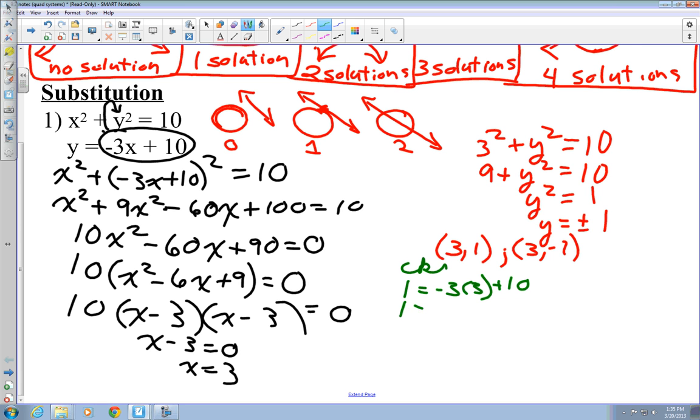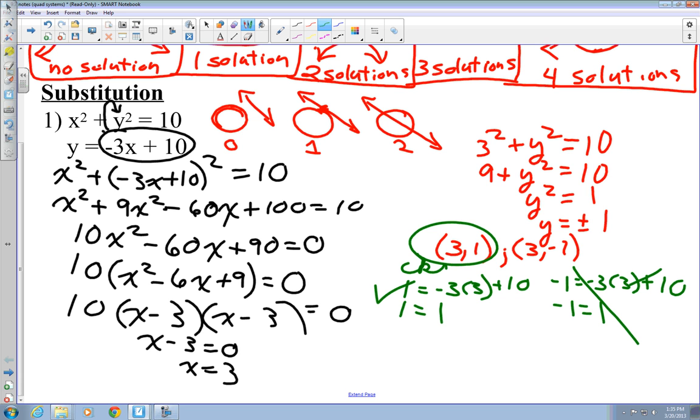So 1 equals negative 3 times 3 is negative 9 plus 10 is 1. That one checks. Okay, so let's look at the second one. Negative 1 equals negative 3 times 3 plus 10. Well, that gives me negative 1 equals 1. Doesn't work. One solution. It's got one solution.